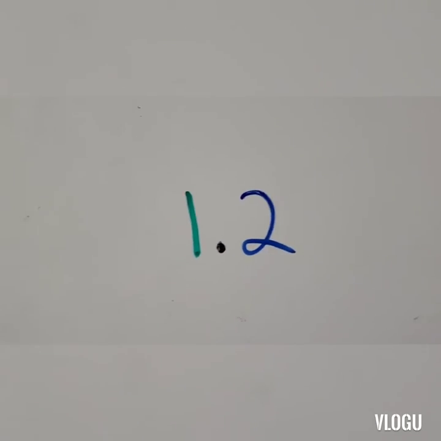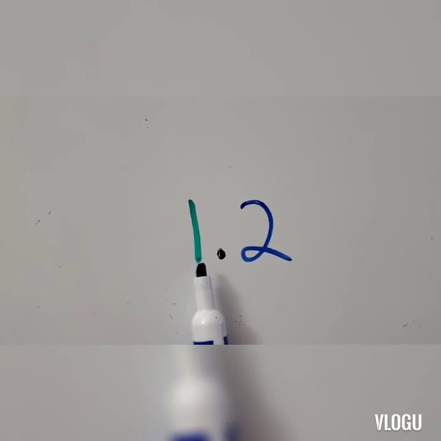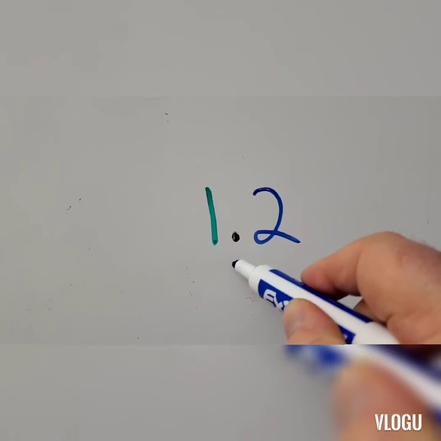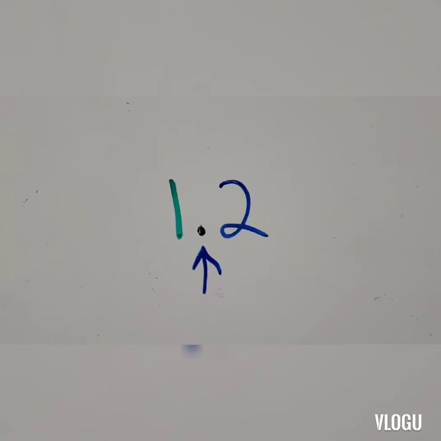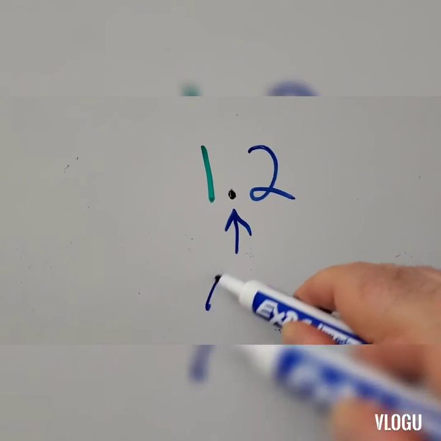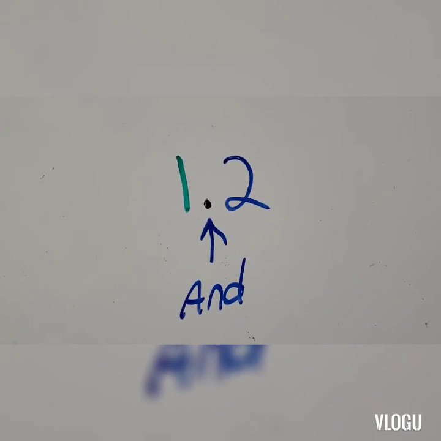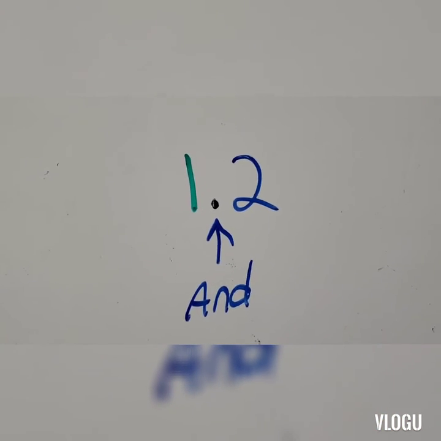Let's talk about how we would say this. Our whole numbers we read like we normally would. However, once we get to a decimal, we use the word and. And indicates that there is a decimal in the number.